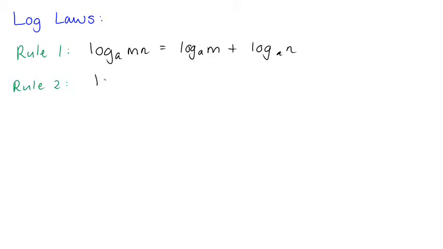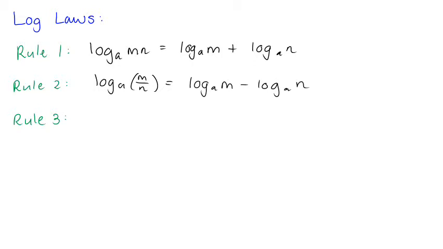Rule number 2: if we have log base a of m divided by n, then it's the numerator minus the denominator. Rule 3 is 1 over n, and that's negative log base a of n. Rule 3 is actually rule 2, just where m equals 1.